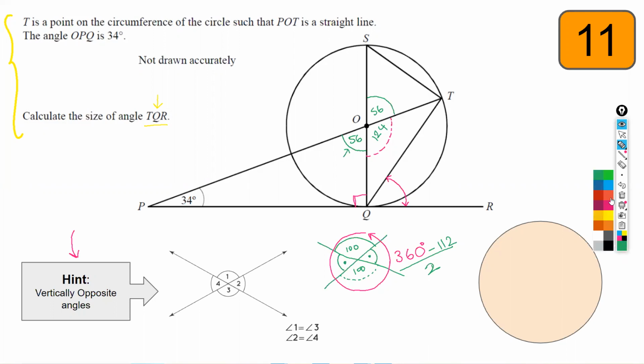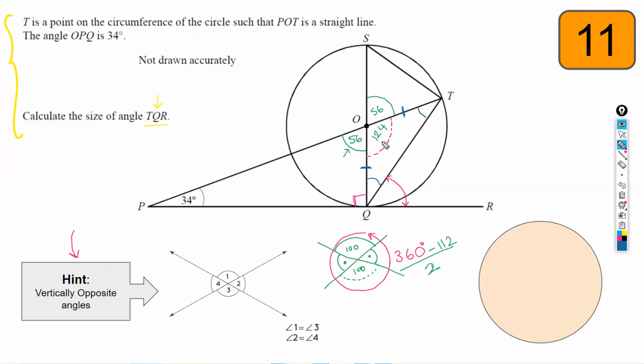Now, if you look carefully, you will see an isosceles triangle because this is a radius and over here is another radius, which means the length of this side and the length of this side are equal, which means this angle and this blue angle are also equal. So couldn't you find one of these angles here?